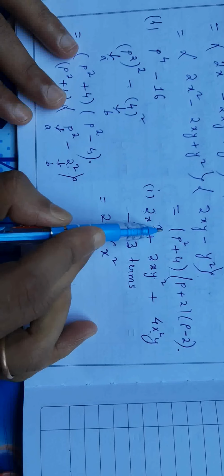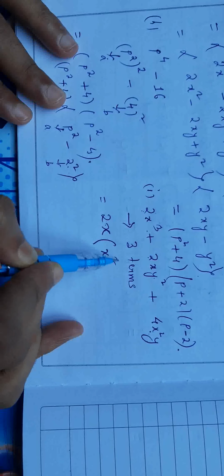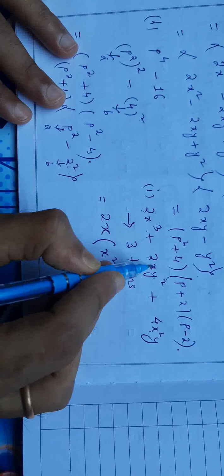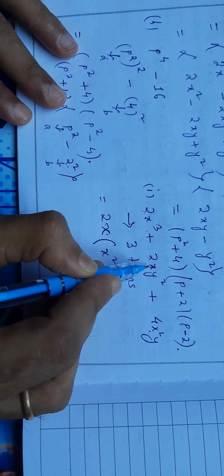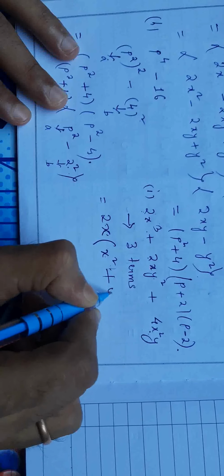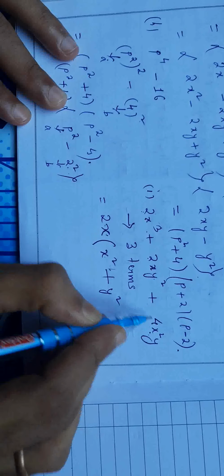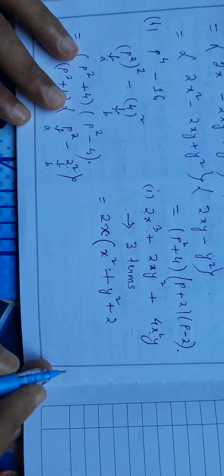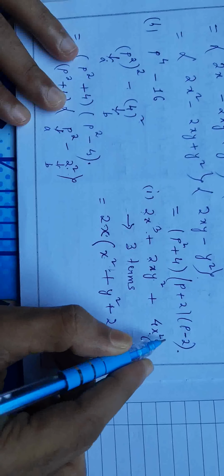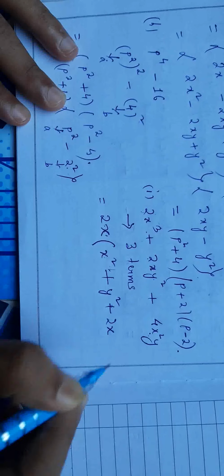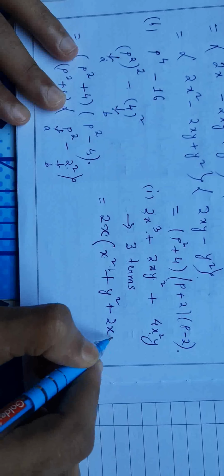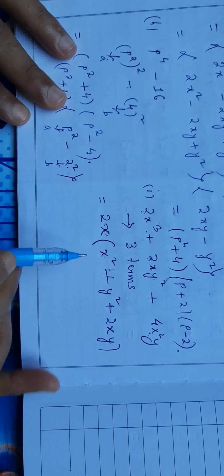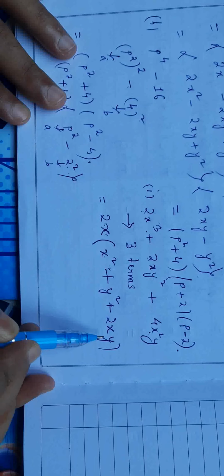Since we have taken out 1x, we are left with x into x, which is x square, plus 2x is common, we are left with y square, plus here 2 we have taken common, so 2 will be left out. X we have taken common here, and here it is x square, so we are left with only 1x, and then y. So the factor is 2x within bracket x square plus y square plus 2xy.